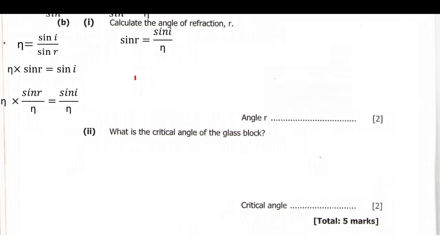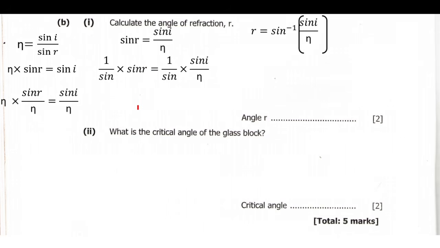Here we are also going to take the inverse sine, so that we remain with just the angle of refraction, which is equal to sine inverse, open brackets, sine of the angle of incidence divided by the refractive index.